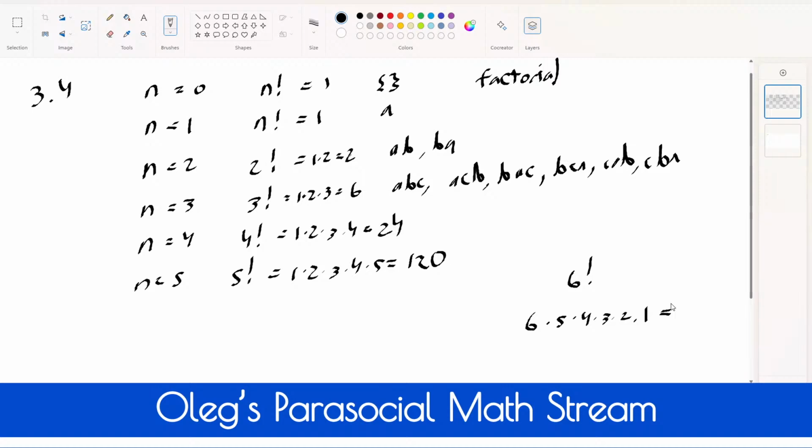So in this case, I already know that 5 factorial is 120, and I'm going to multiply that by 6, 720. Okay, so 6 factorial is 720. And I just remembered that 0 factorial is 1. But the actual justification for it is because it counts the empty set.